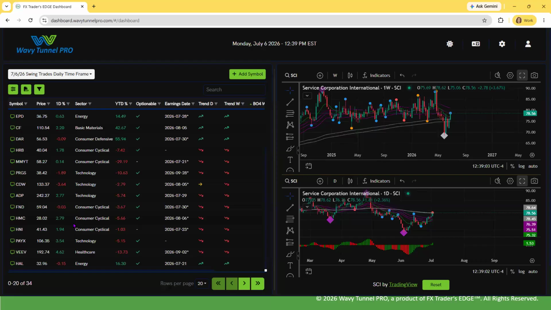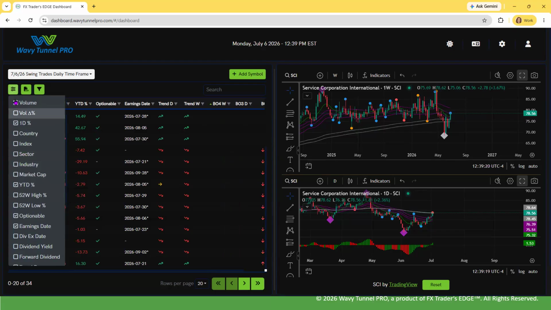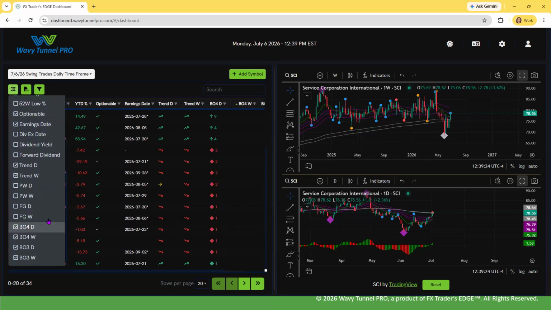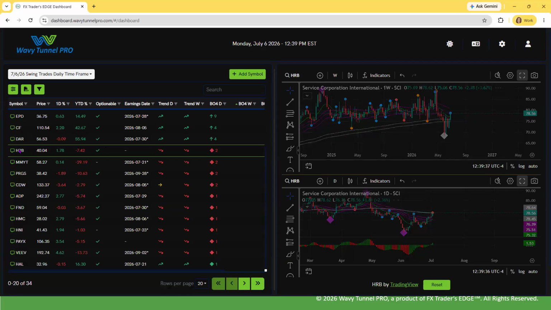On this watch list, we have 34 symbols. I want to show you the shorts. I'm just going to uncheck the sector for a moment so I can see the breakout 4 daily as well and the weekly. Now the shorts are going to be in red. These are the shorts in red. So let's just look to see what a short looks like.